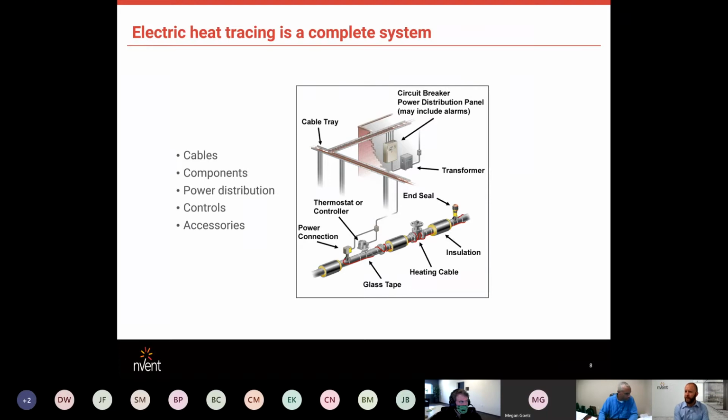So I like to know what's all the way back to the transformer feeding the panel, the types of distribution, the types of conduit and wire that will be pulled, including all the cable that goes on the pipe, as well as the insulation, jacketing, and what type of environment all this equipment is in.